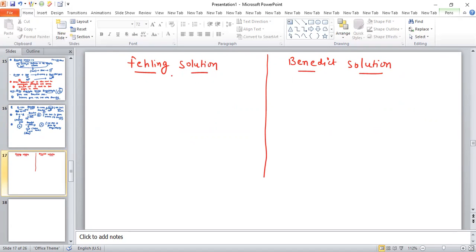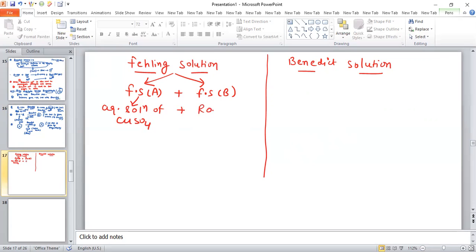Fehling solution is basically the mixture of two parts. One is Fehling solution A, and another is Fehling solution B. Fehling solution A contains aqueous solution of copper sulfate, and Fehling solution B contains basically Rochelle salt.